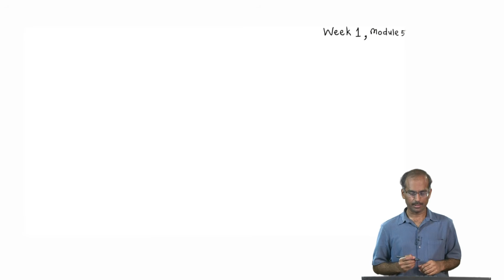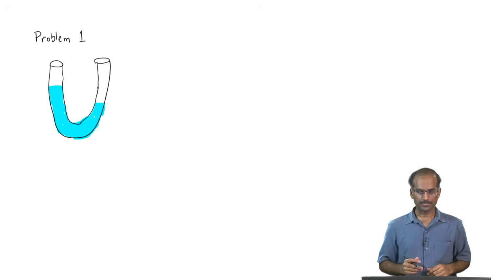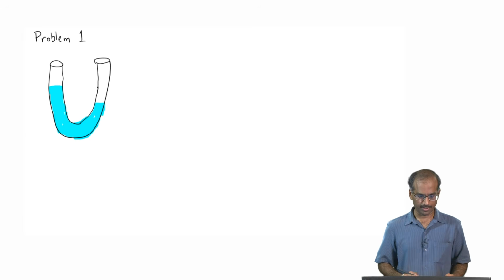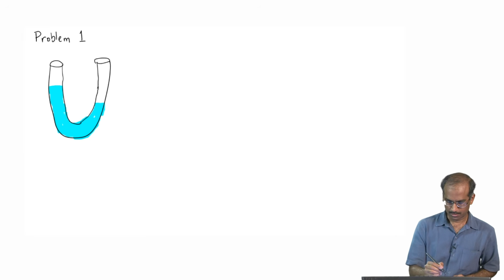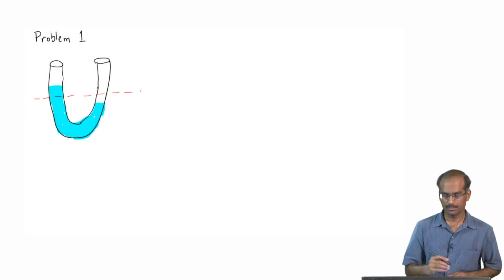So, let me begin with the first problem, which is a tube which is in the shape of a U, as you can see in the figure here. And originally in this tube, the water, let us say, was there at this level.